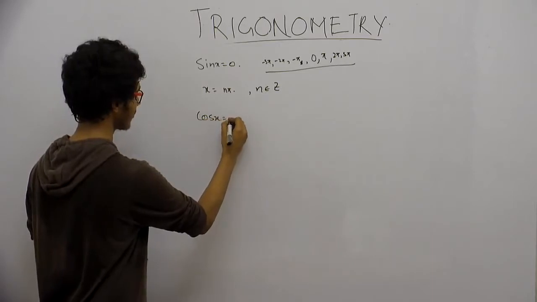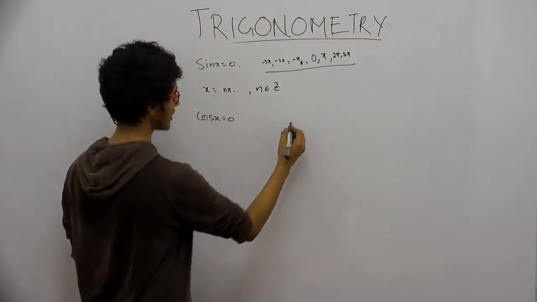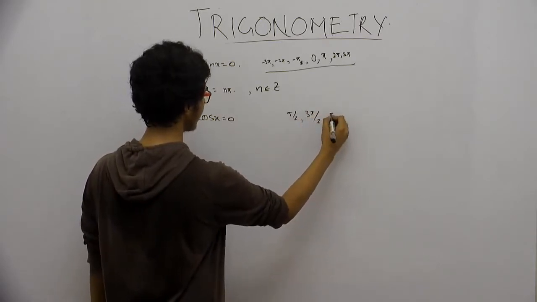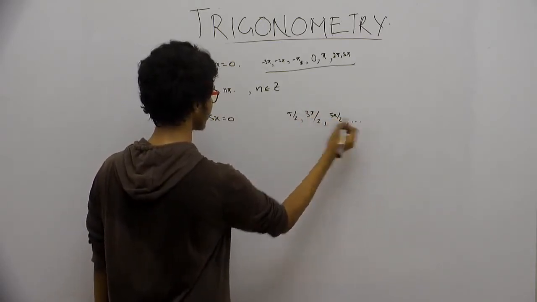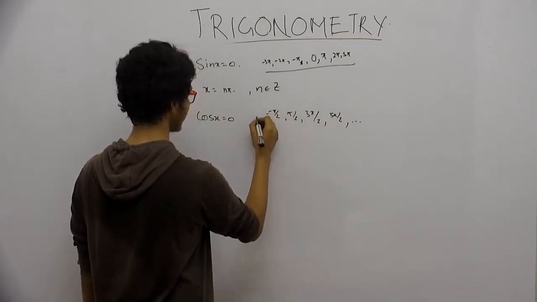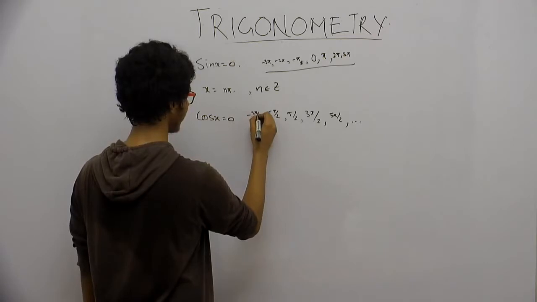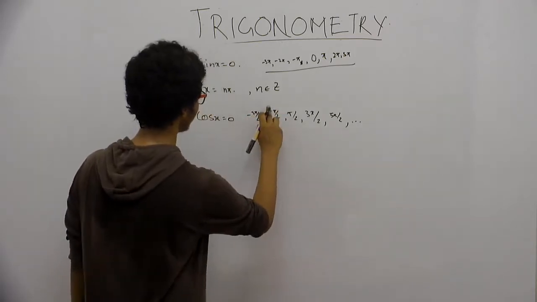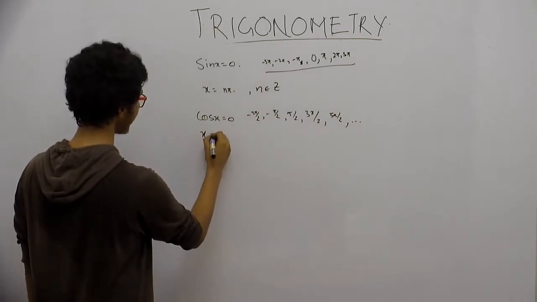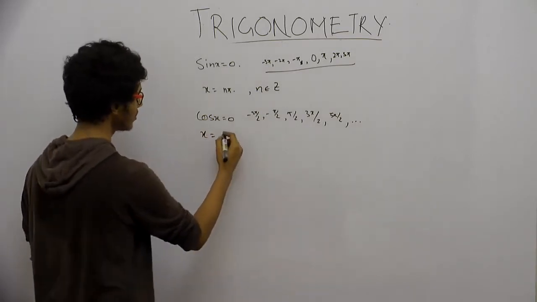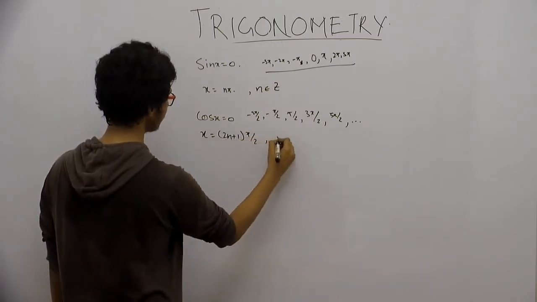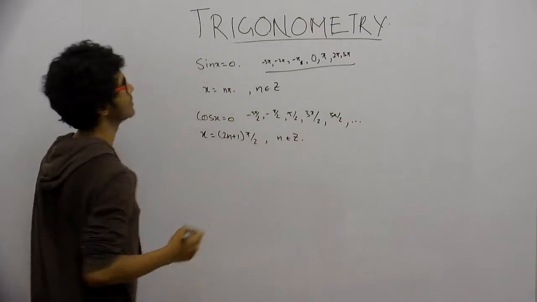Now for cos x equals 0, we see that cos x is 0 at pi by 2, 3 pi by 2, 5 pi by 2, and so on. Negative: minus pi by 2, minus 3 pi by 2, and so on. How do we generalize this result? We write it as x is equal to (2n plus 1) pi by 2, where n belongs to integers.